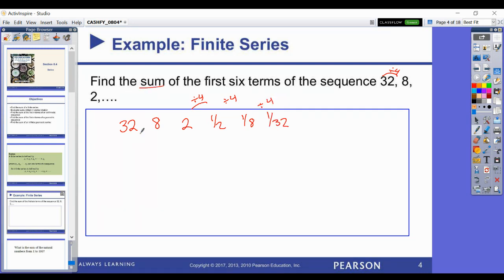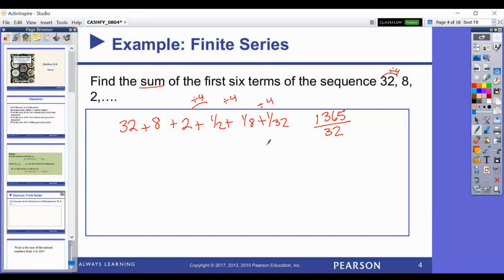And it says find the sum. So then I would probably use my calculator and add all of those up. So 32, 8, 2, 1/2, 1/8, and 1/32. If you hit math, enter on a TI calculator, it will give you 1365 over 32.